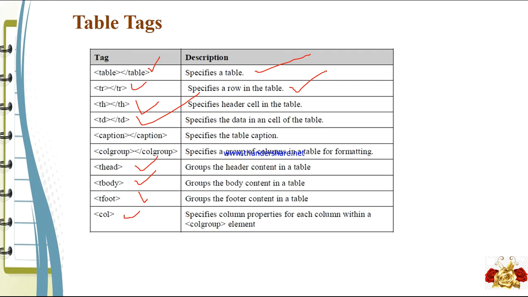The tr tag specifies a row in the table. The th is a header cell in the table, in the top position, and the td is data in a cell of the table. There is also the table caption, thead, tbody, and so on.